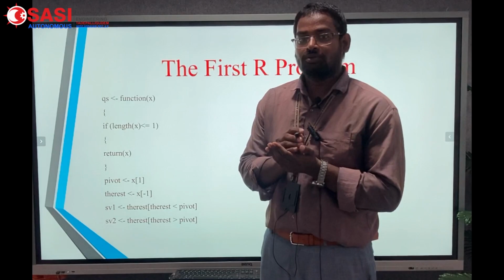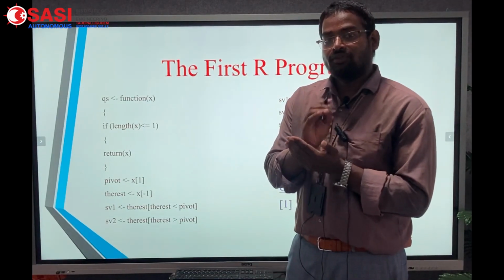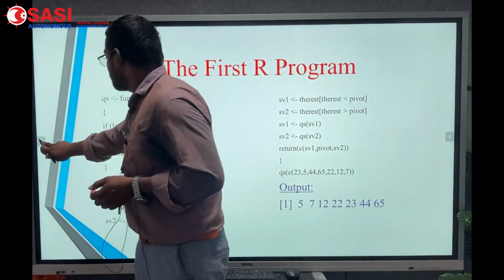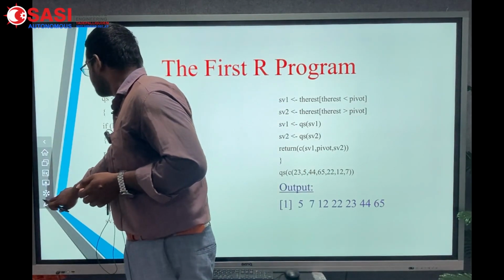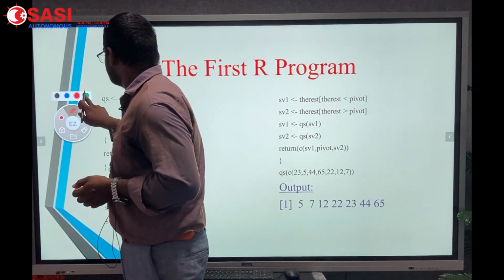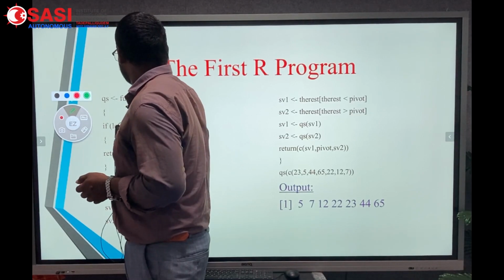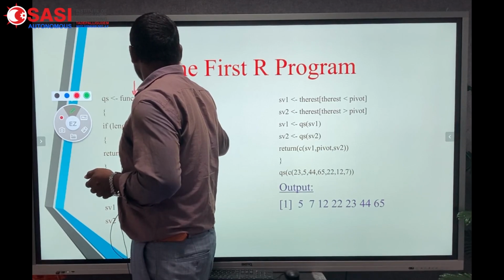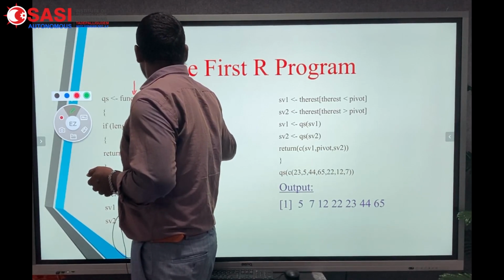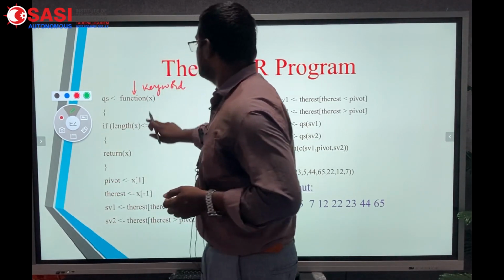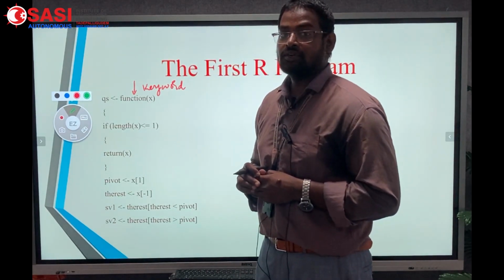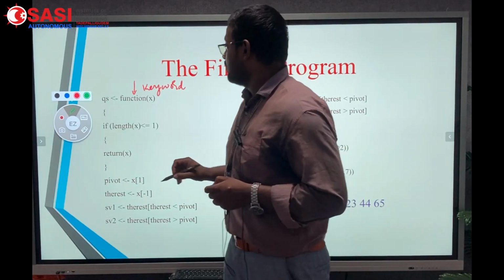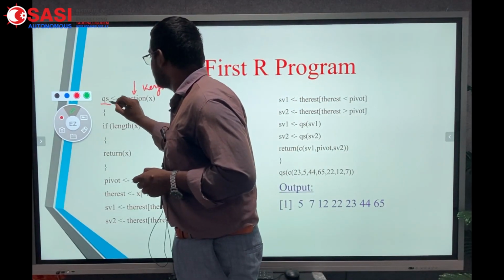Whenever in R programming we want to write a function, first we have to use the keyword function. This function is a keyword. By using this, we will create a function. Now I am creating a function that is quicksort.